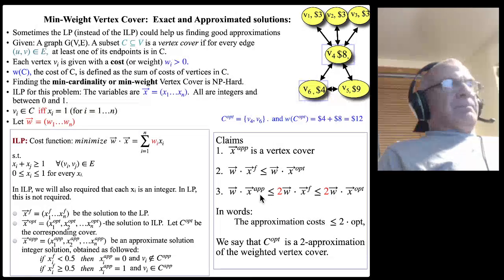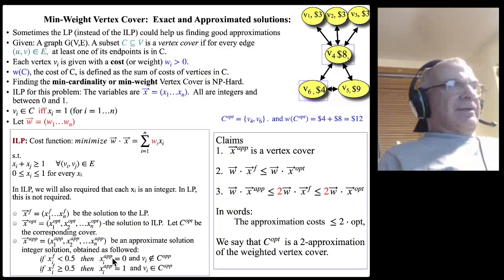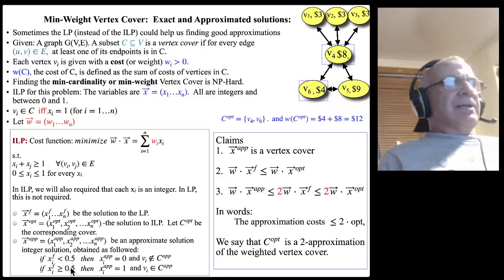In the approximated solution, how did I generate the approximated solution from the float solution? I took every element of the float solution and I added something, but only if this number is already larger than half, then I made it 1.